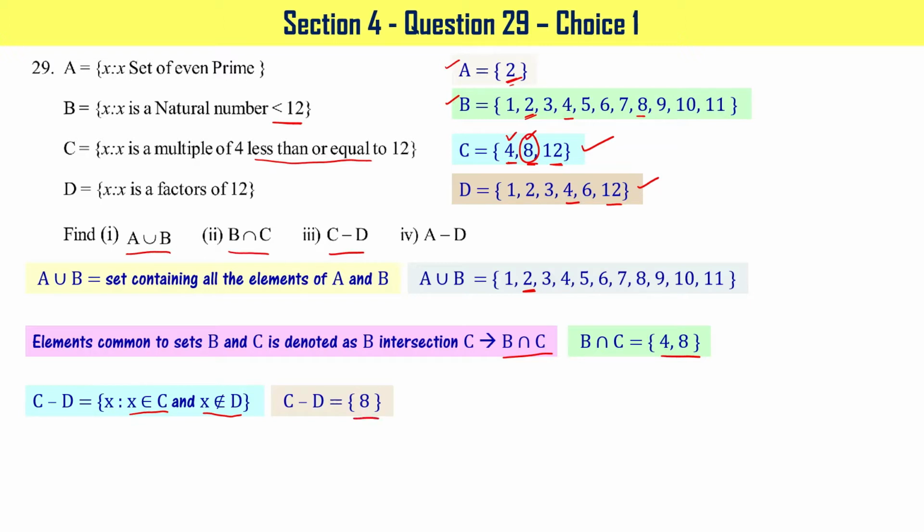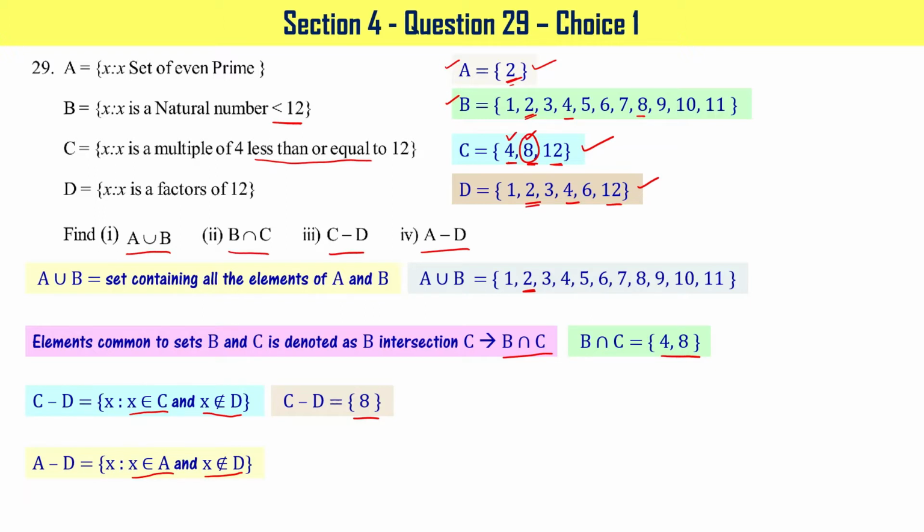Now let's see what is A minus D. A minus D is defined as the set containing elements X such that X belongs to A and X does not belong to D. Here, if you see, 2 is there in set A, but 2 is there in the set D also.